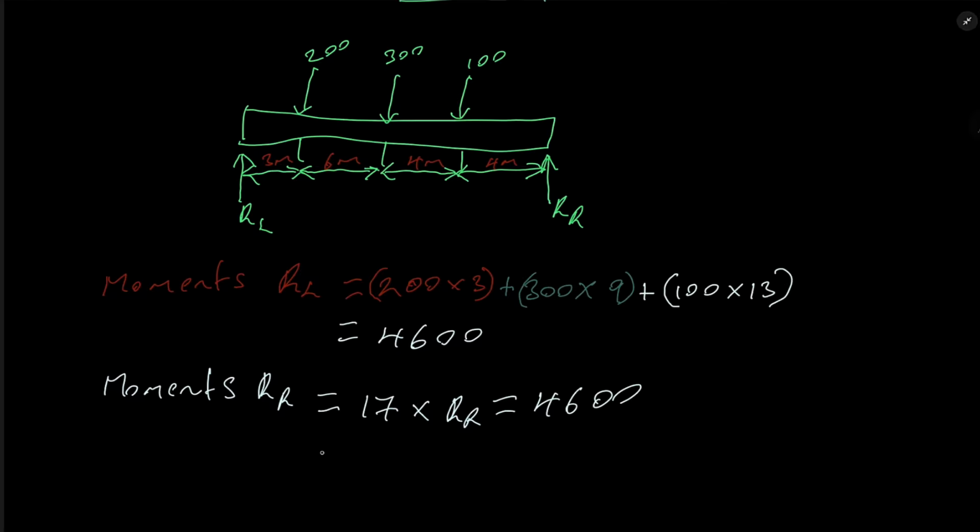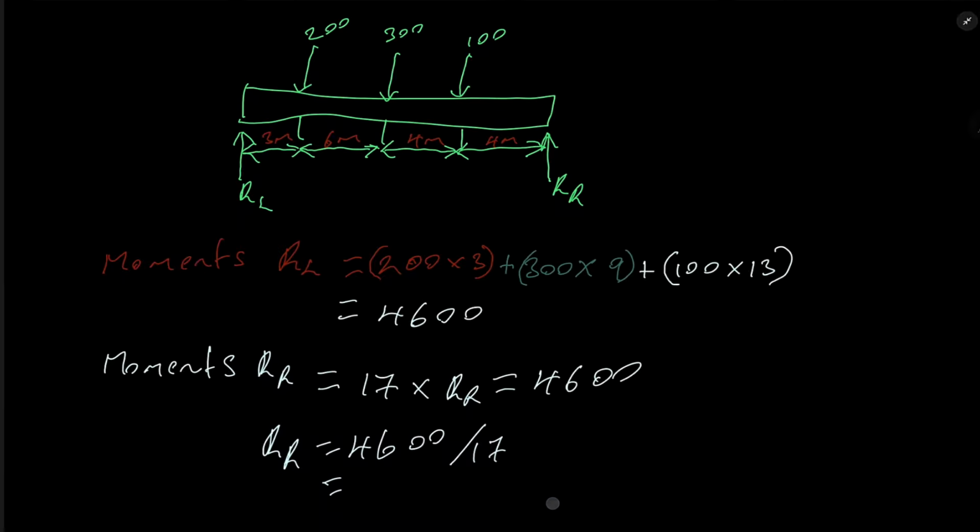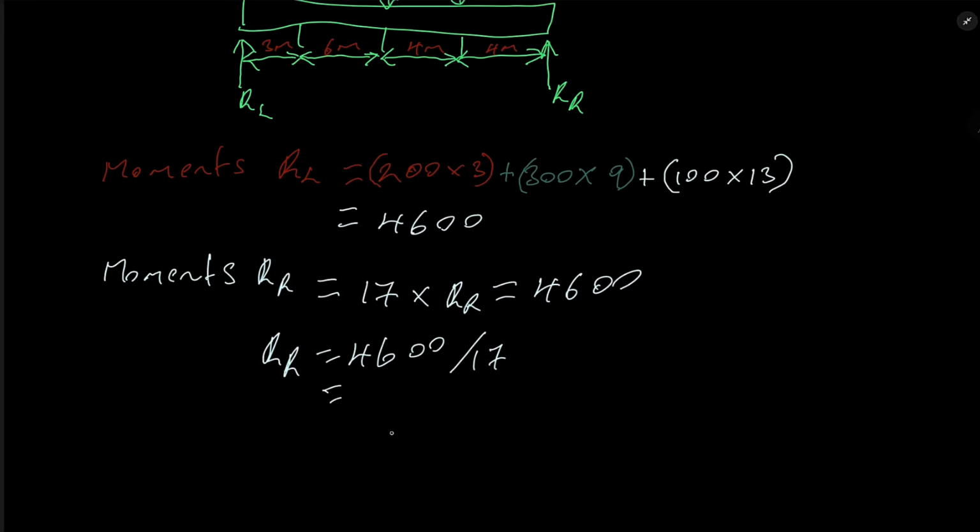Again, let's make RR the subject, and we're going to have RR equal to 4,600 divided by the distance between the two reaction points, which is 17.